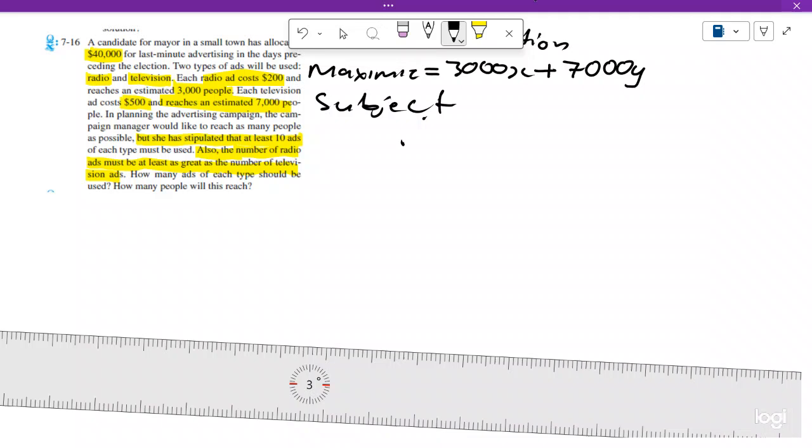You see, when they say they've allocated for both, that alone is x plus y, not greater than 40,000.